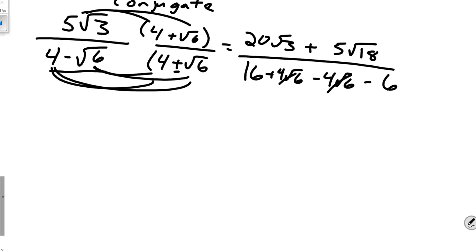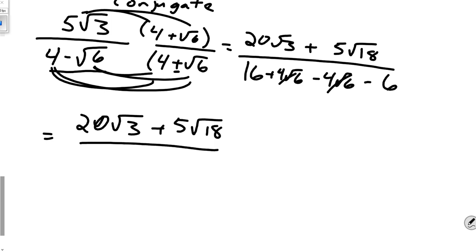So they're gone. Okay. So then all I'm left with here is 20. I'm just going to rewrite it so you guys can see what I have left. 16 minus 6. Yeah.